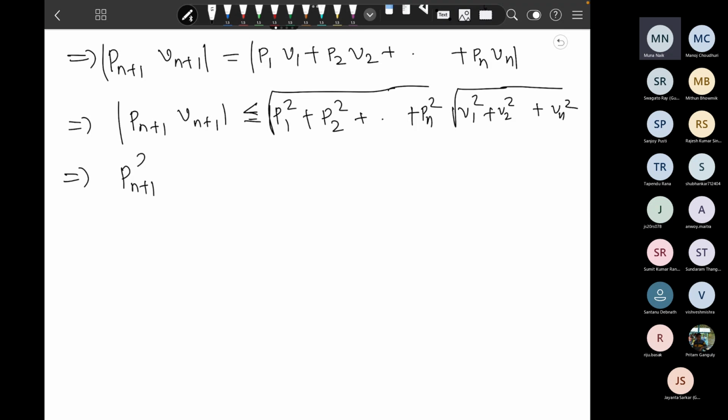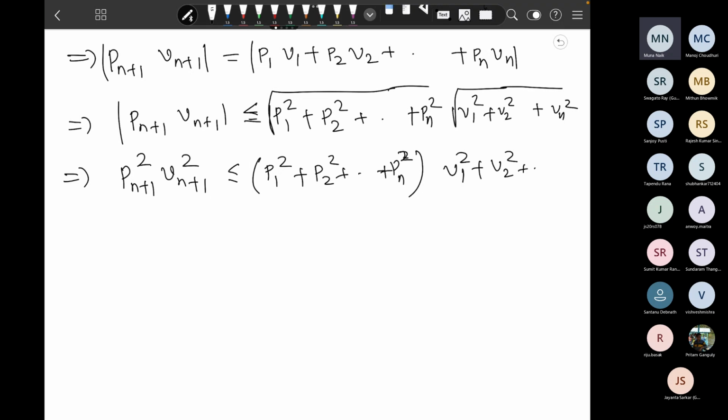I will get Pn plus 1 square Vn plus 1 square less than or equal to P1 square plus P2 square plus Pn square, times V1 square plus V2 square plus Vn square.